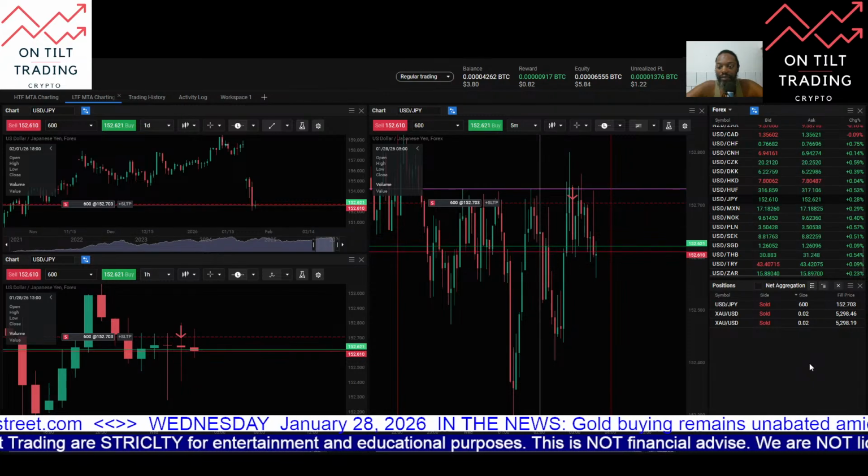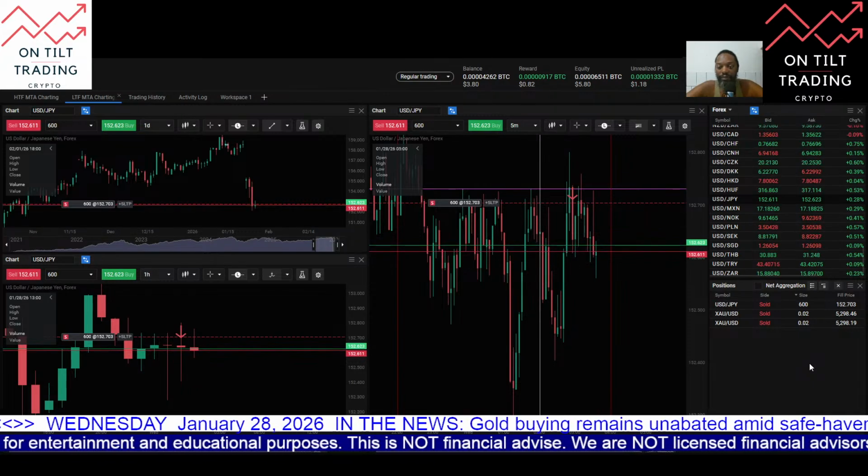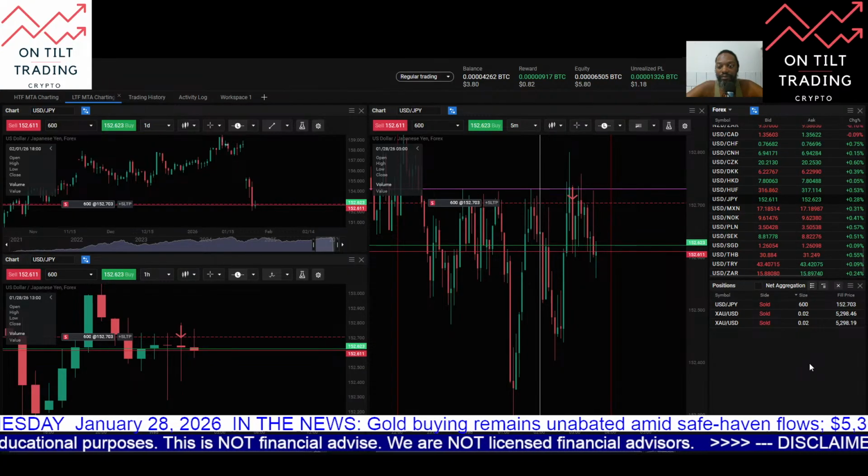Getting some consolidation on this candle here. Less than a minute remaining for this candle close.